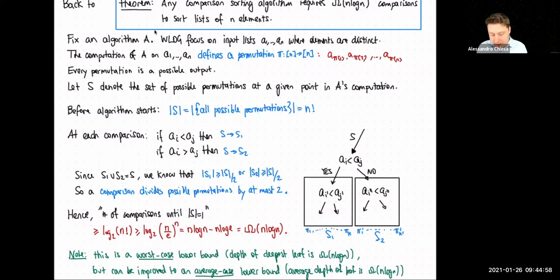Now, regarding how you go from n factorial to n over e to the n: this is combinatorial stuff that you may have seen in CS70. We're not going to go over it. Hopefully it is reasonably intuitive why n factorial has something to do with n to the n. It's not quite n to the n, it's slightly less, because n factorial is n times n minus 1 times n minus 2 and so on.